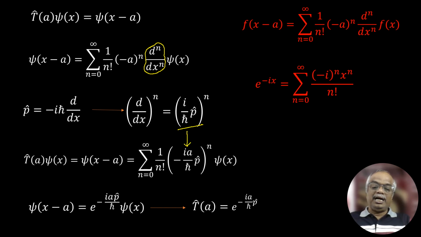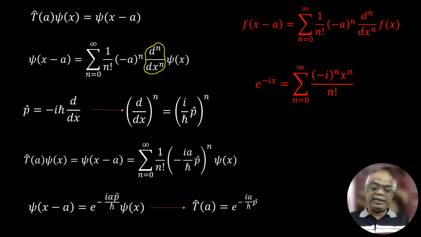Another interesting thing is, after replacing this, you got this term. You know very well, e to the power minus ix is equal to the summation over n equal to 0 to infinity of minus i to the power n, x^n over n factorial.